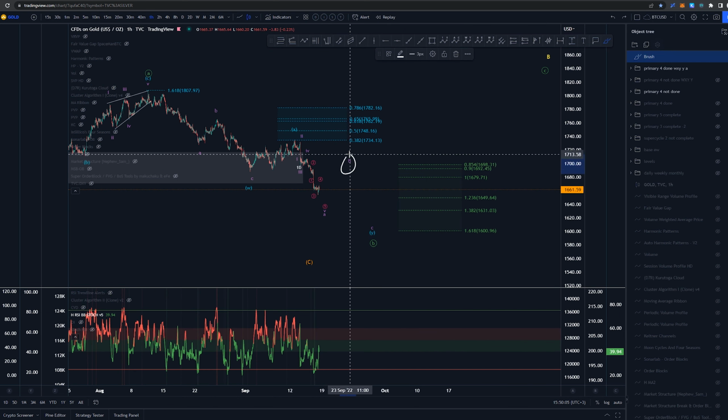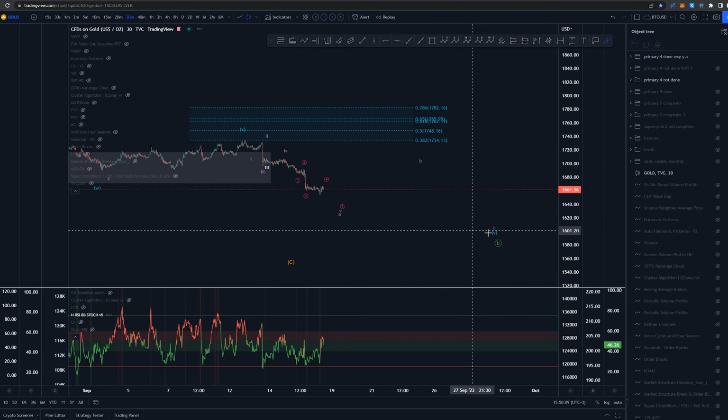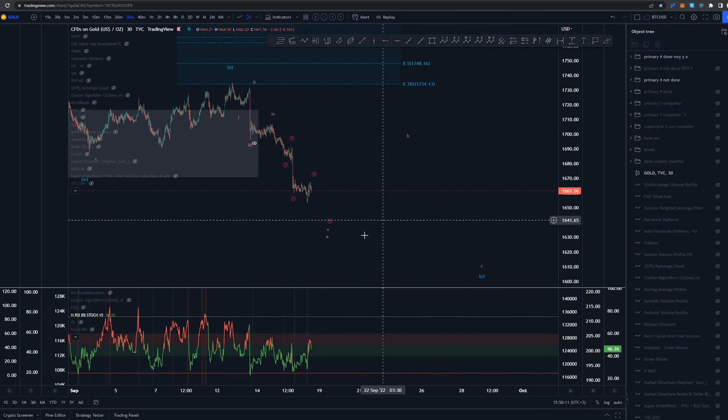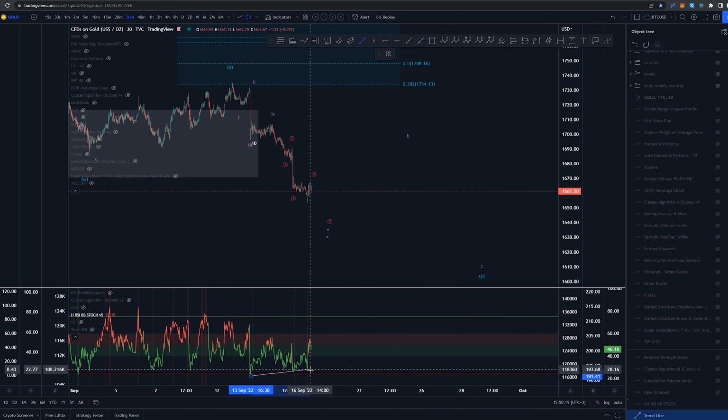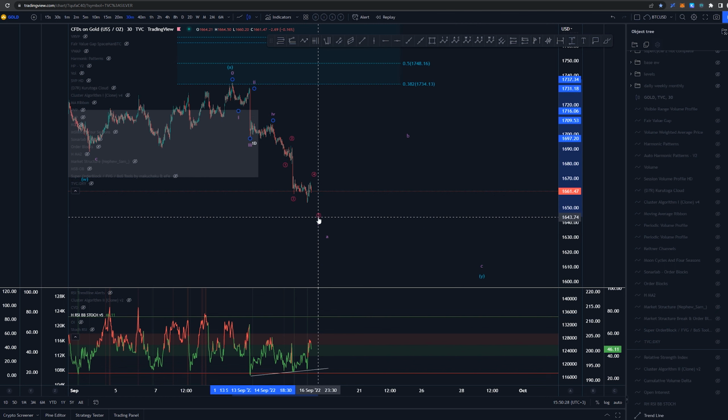Of course, we could be looking into some smaller time frame plays here on a more local time frame for this B wave. For that, we would be expecting some kind of divergence to happen, which we do have here from the third to the fifth, and then the fifth against the last bit here, which would be getting in here.